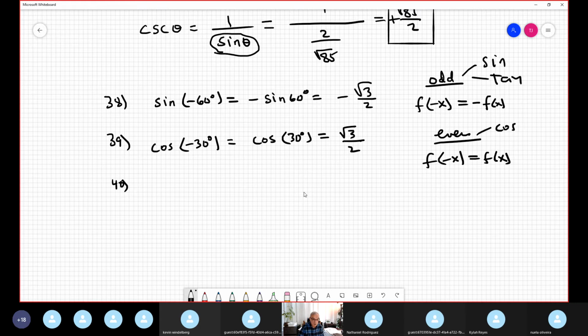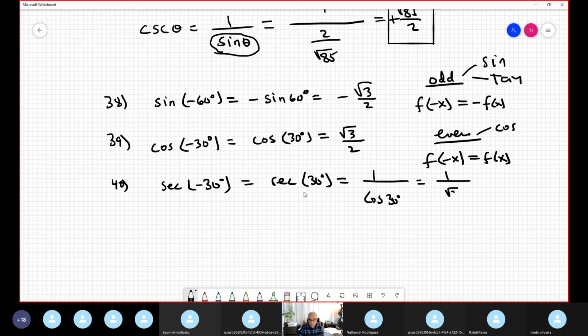40. Secant of negative 30 degrees. Wow, it's secant of 30 degrees, positive. And I don't remember it, but I remember that secant is the reciprocal of cosine. Yeah, I remember that cosine 30 degrees is radical 3 over 2. Flip it to 2 over radical 3, rationalize, 2 radical 3 over 3.